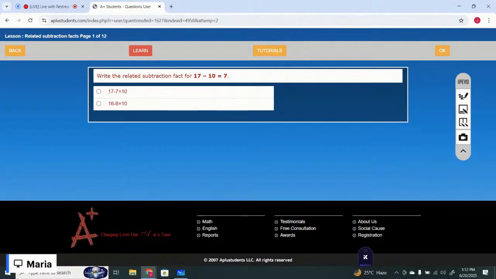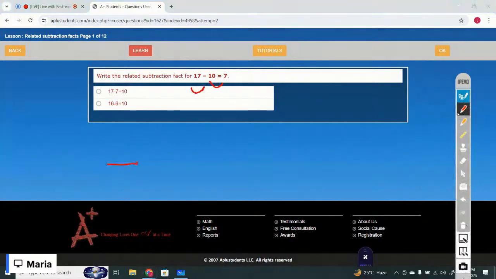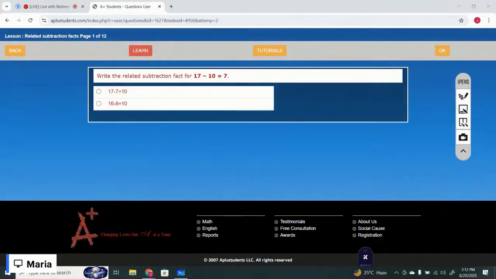Write the related subtraction fact for 17 minus 10 equals 7. You need to interchange these two numbers. It would be 17 minus 7 equals 10. Option number 1 is the correct option.